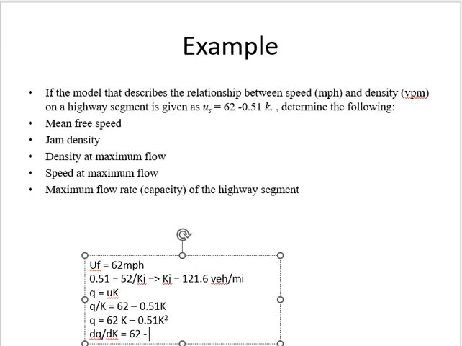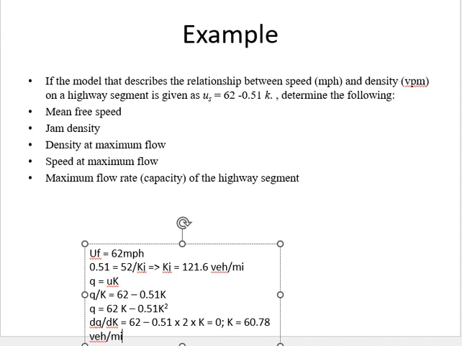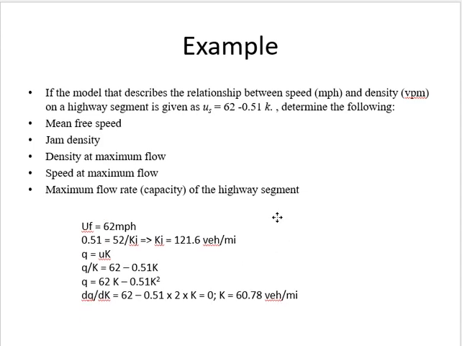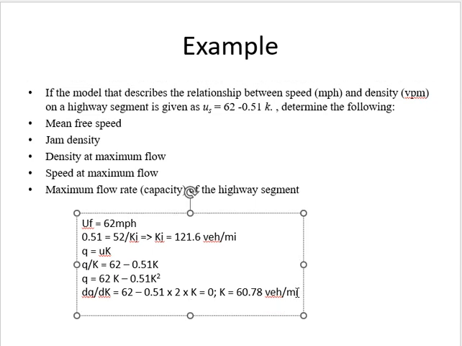Okay, so if you have maximum flow, then density equals to this and speed equals to, then you put the density value in the equation. How much is it? 31?